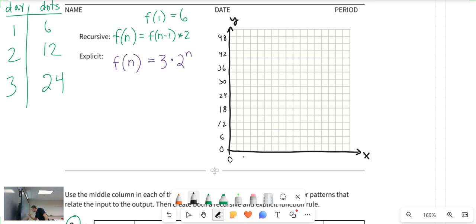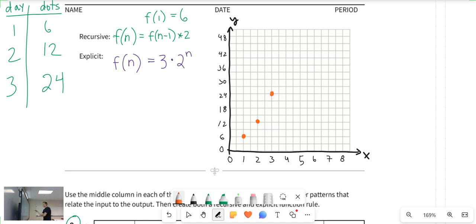We'll make this 1, 2, 3, 4, 5, 6, 7, and 8, just like the last one. All right, so 1 needs to go to 6. That's right there. 2 has to go up to 12. That's fine. 3 needs to go to 24.